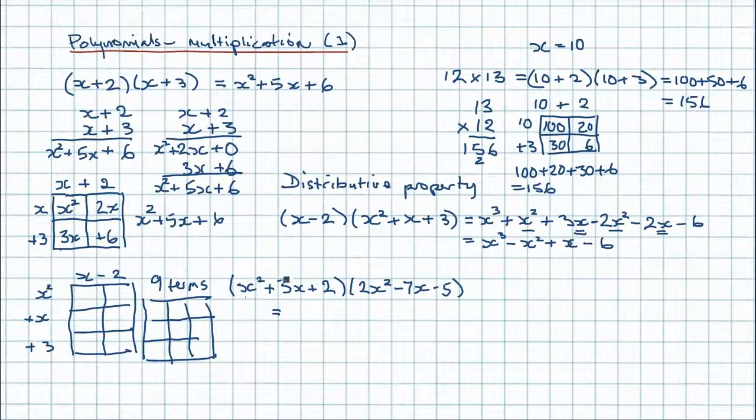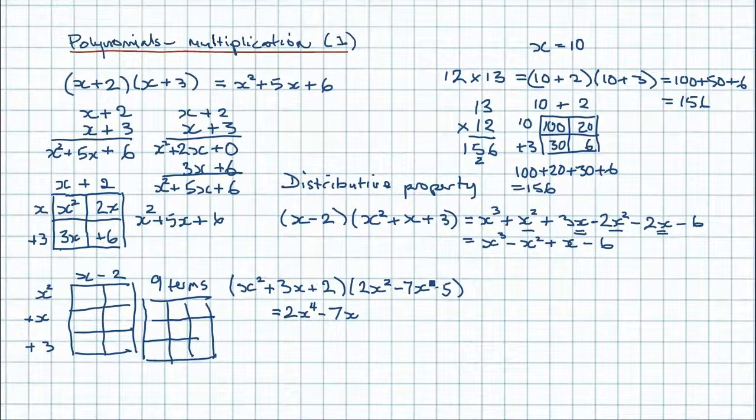Okay, so x squared times 2x squared is going to be 2x to the 4th. So x squared times an x squared gives us x to the 4th. X squared times the second term now, negative 7x. So that's going to be negative 7 times x cubed.